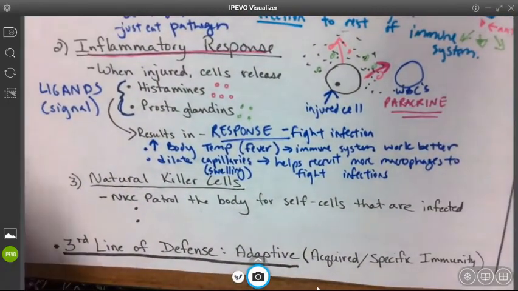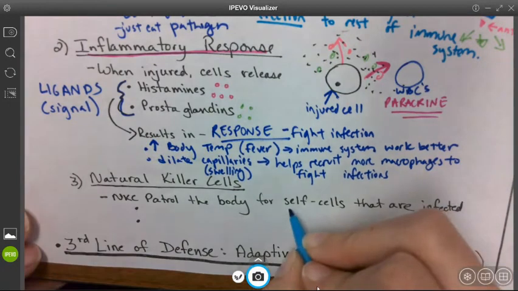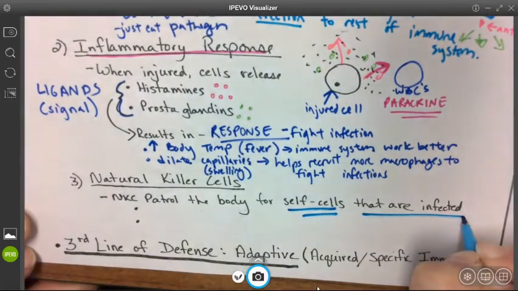The last part of your second line of defense are these natural killer cells. Natural killer cells patrol the body for your body cells that are infected.